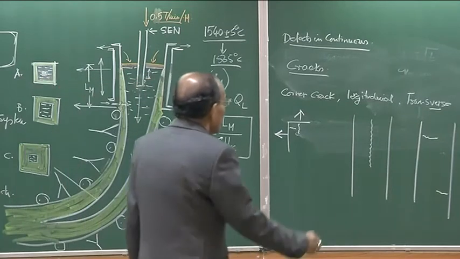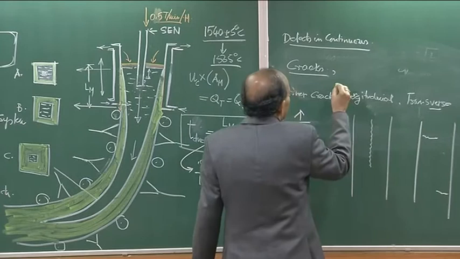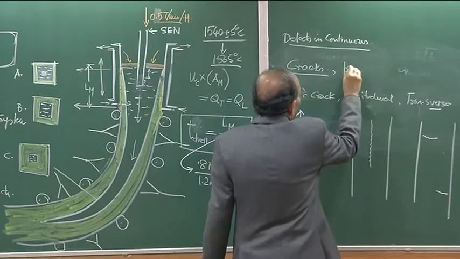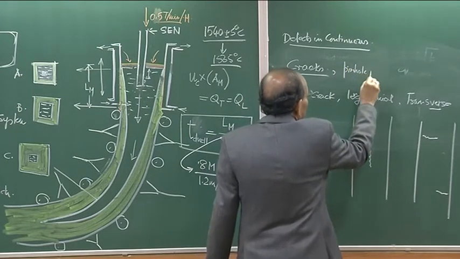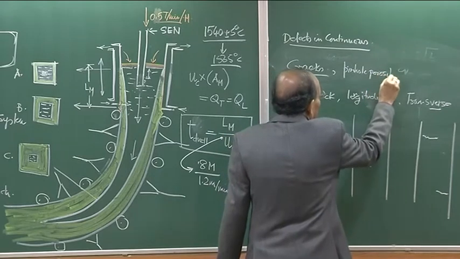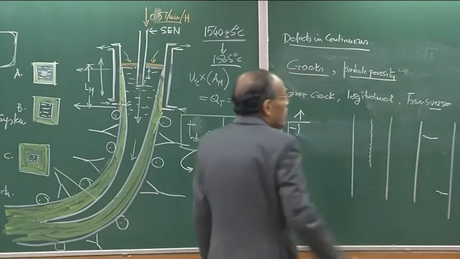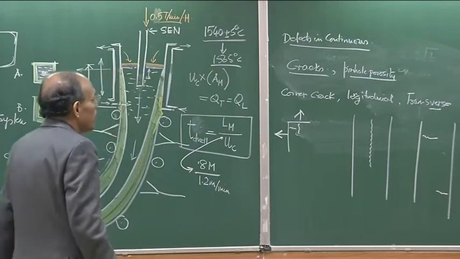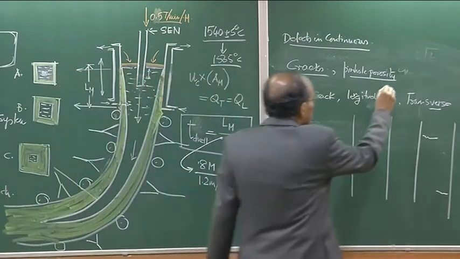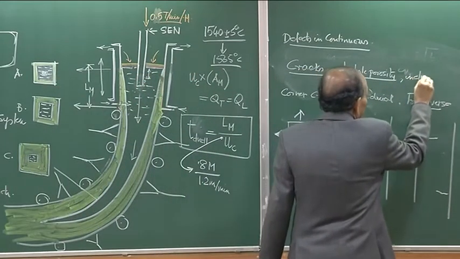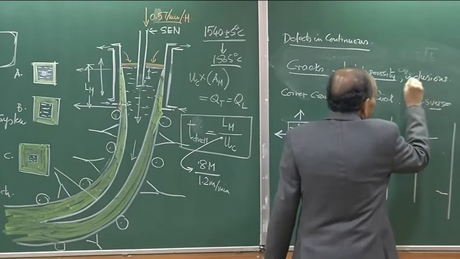Apart from cracks, pinhole porosities could be there. These are related with hydrogen. Then we can have inclusions, and most important here is the powder entrapment.